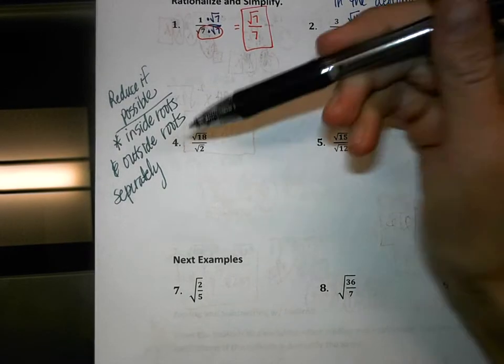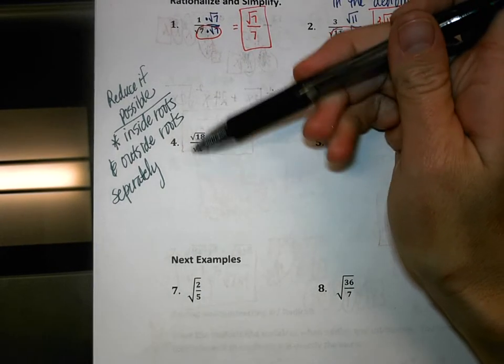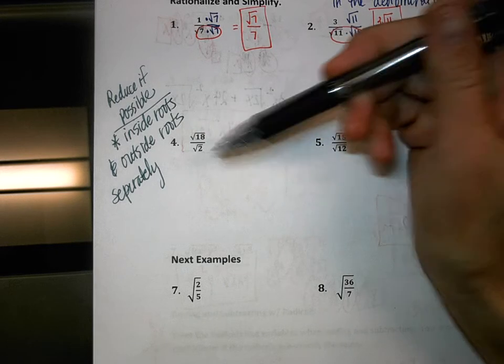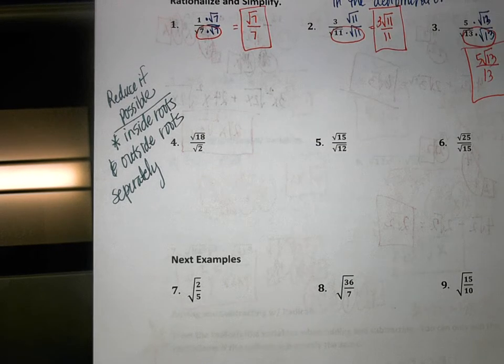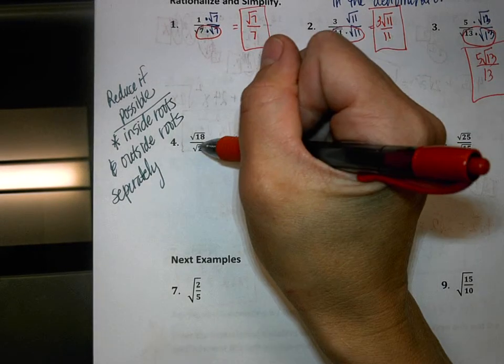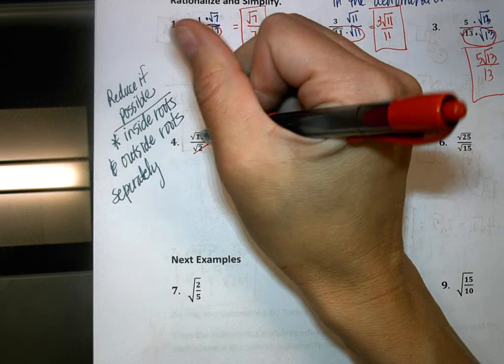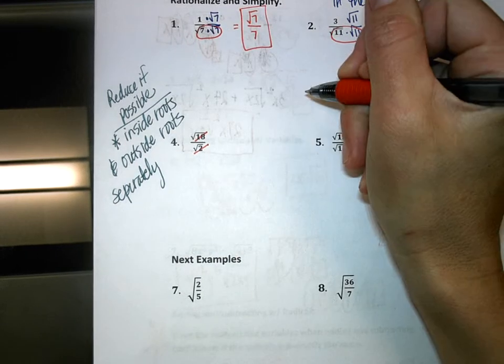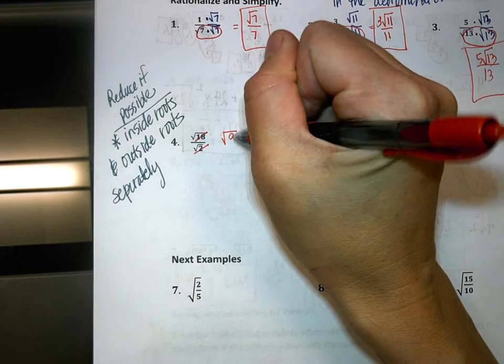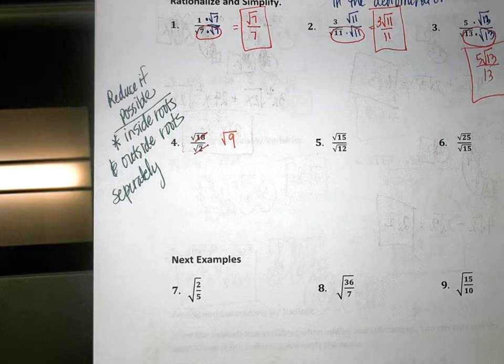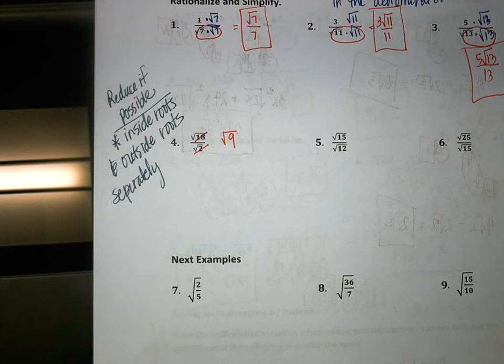Okay, so right now there's no numbers outside the roots, but inside the root, can I reduce here at all? Yeah, what can I reduce by? 2, right? So the 2 cancels out, and then 2 goes into 18 how many times? 9. When you cancel out the 2 on the bottom, there's really a root 1 there.